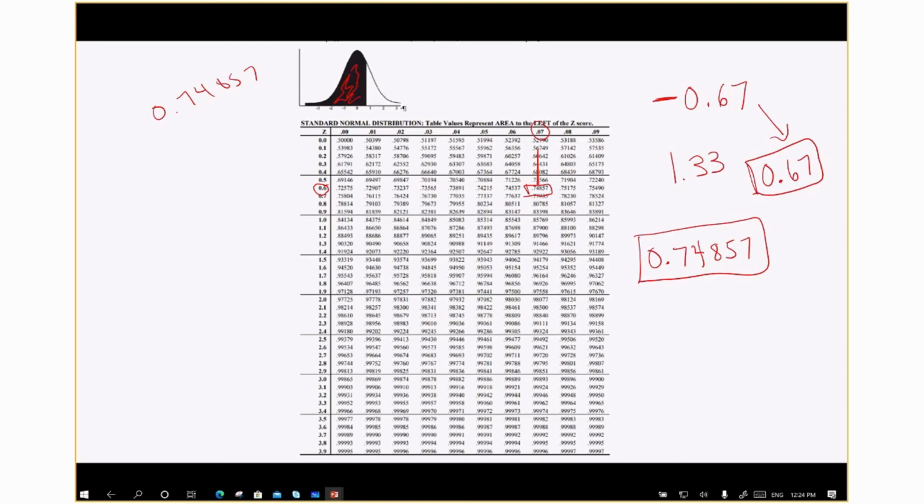And then we can do the same thing for our 1.33. Here is our 1.3, and there's our additional 0.3 right there.